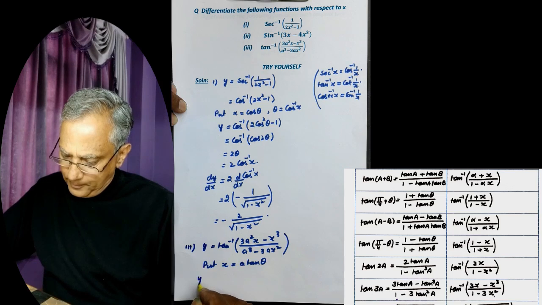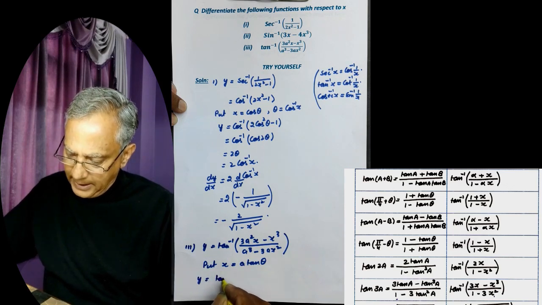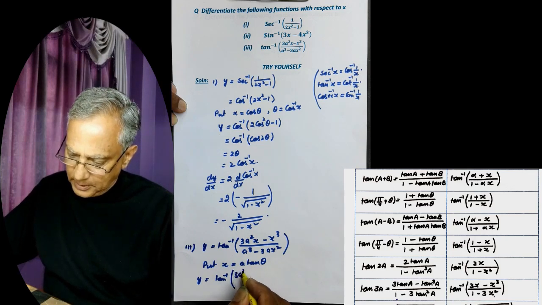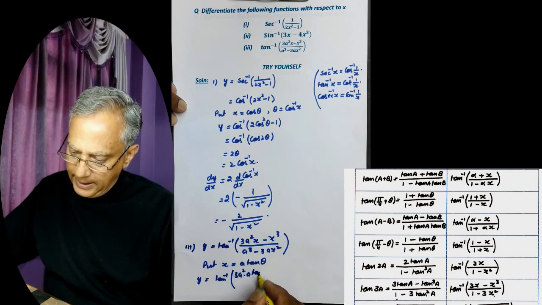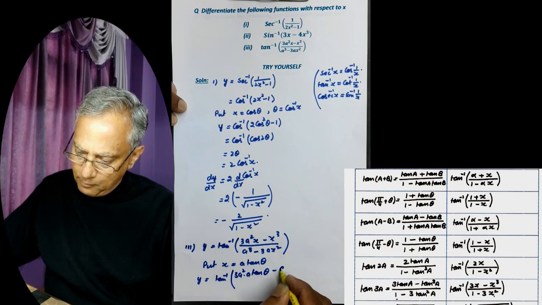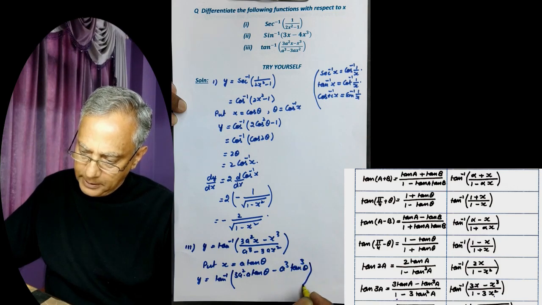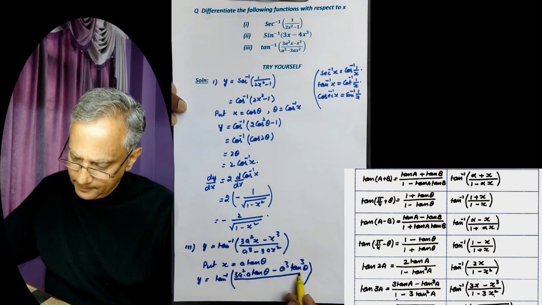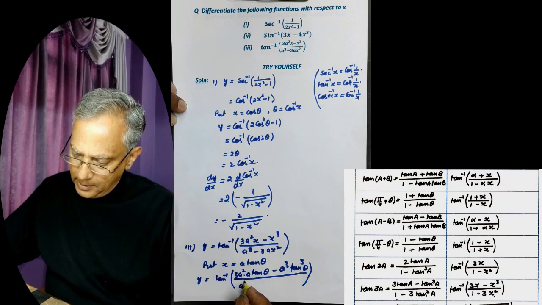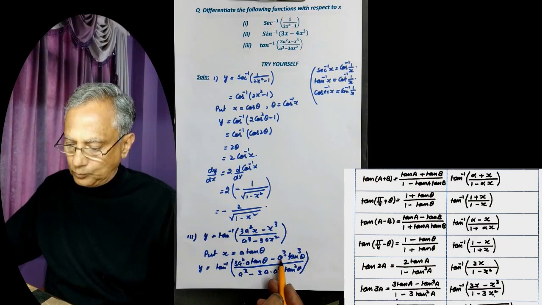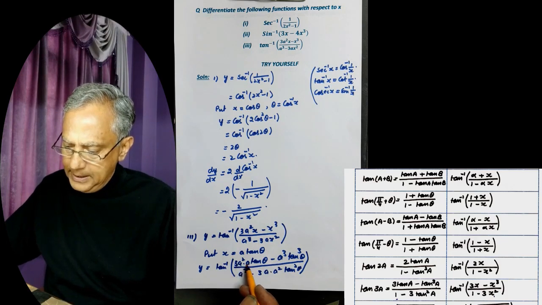So what we get is y is equal to tan inverse of 3a square into a tangent theta minus a cube tangent cube theta, whole divided by a cube minus 3a into a square tan square theta. Now a cube is common.